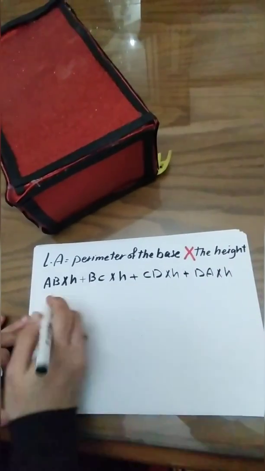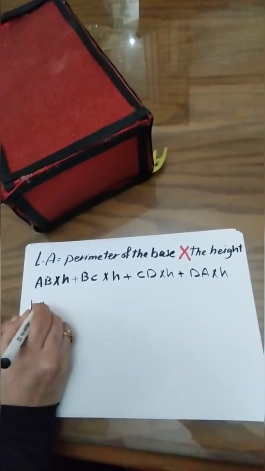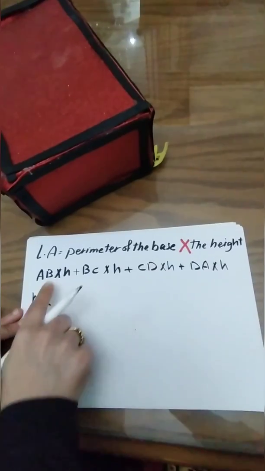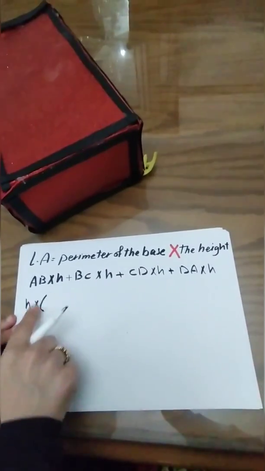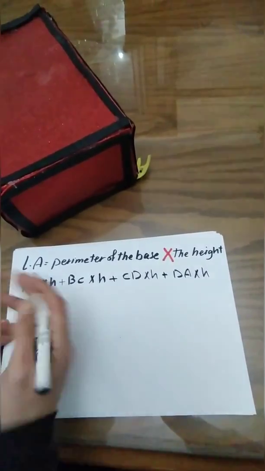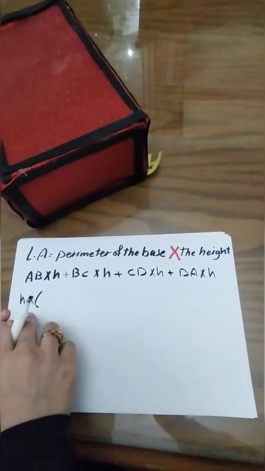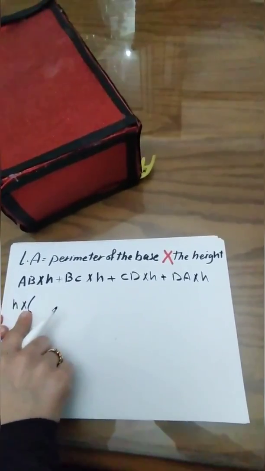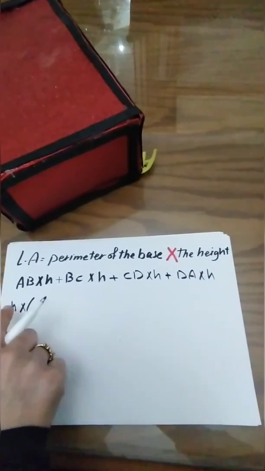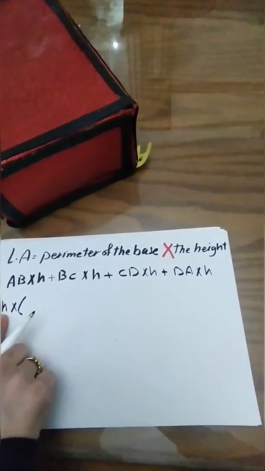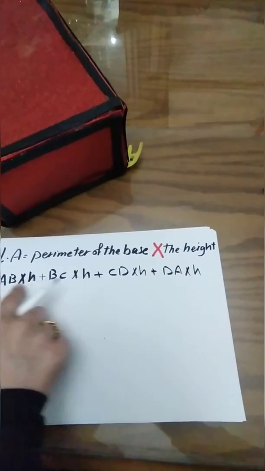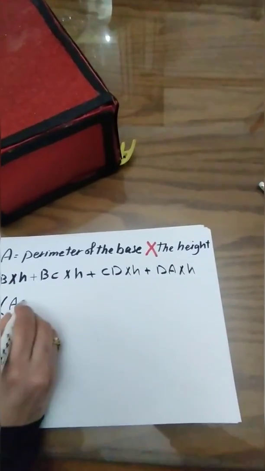4 areas. If I take the height as a common factor, remember when we studied in unit 1, when you took a number as a common factor. I took this height here. What is the remainder here? AB.